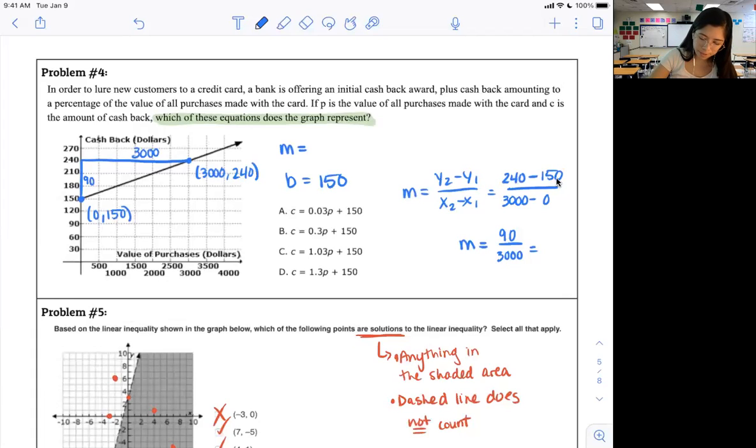Good. So the slope is 0.03, which means I'm looking at answer choice A. So rise over run, you still get 90 over 3,000, either way. So yes, it was A.